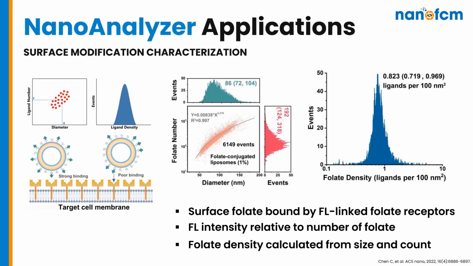And that type of analysis can be achieved for any type of molecule you ask to be displayed on the surface of the particle that you have an interacting molecule, even like an antibody that's labeled. You can arrive at detecting different amounts of that on different particle preparations, how many particles in your preparation display the desired target, and how many targets are there per particle.